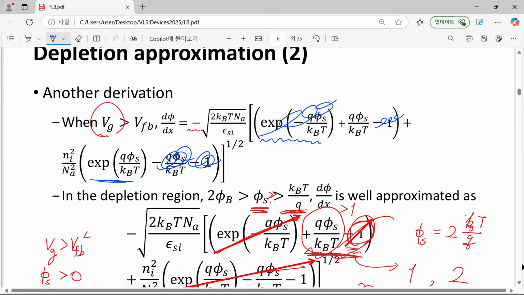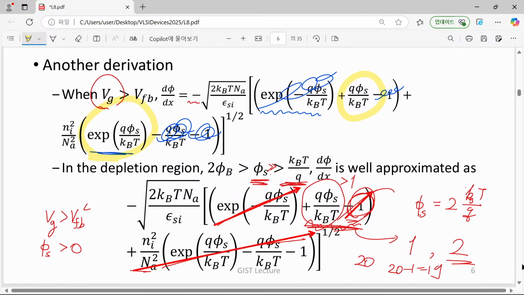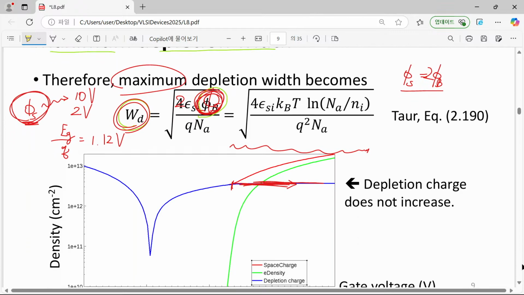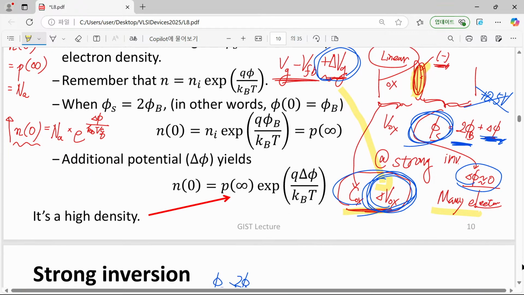So what we can expect in this strong inversion case is that this term is still important, and this one too.